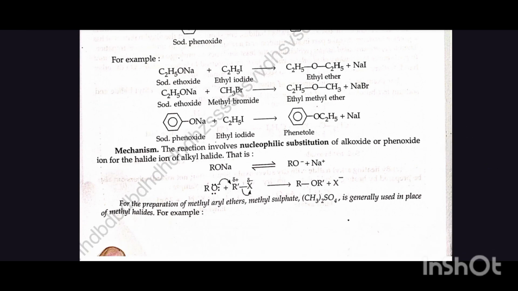Mechanism. The reaction involves nucleophilic substitution of alkoxide or phenoxide ions for the halide ions of the alkyl halide, that is, RONa in equilibrium with RO negative plus Na positive, RO having lone pairs and a negative charge on O, plus R-X with slightly positive charge on R and slightly negative charge on X, gives ROR plus X negative.